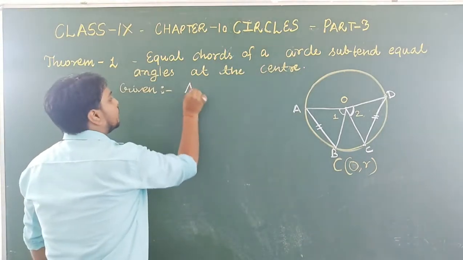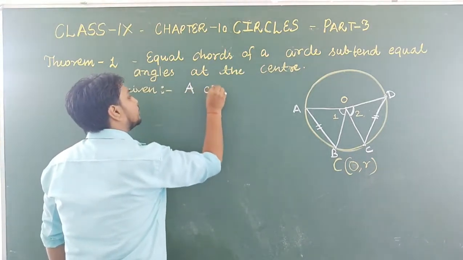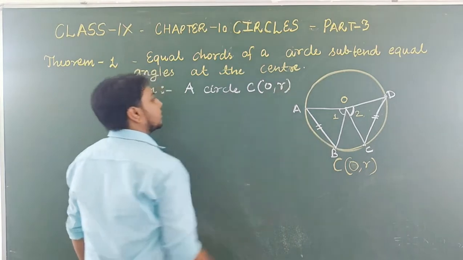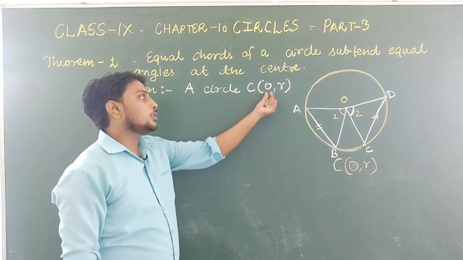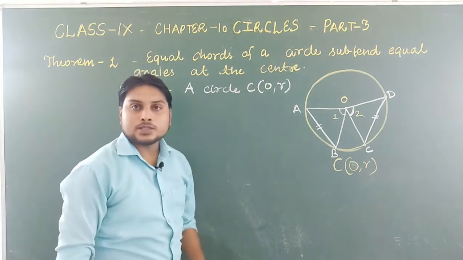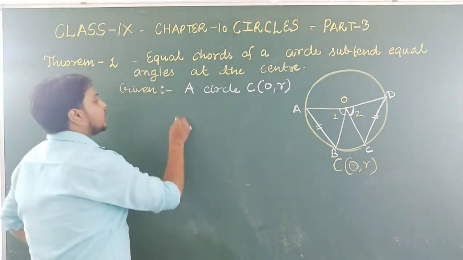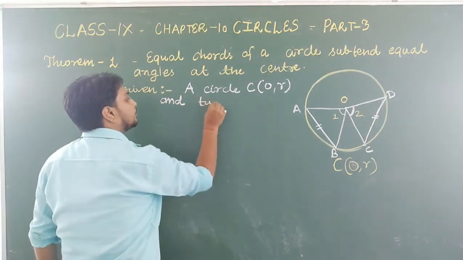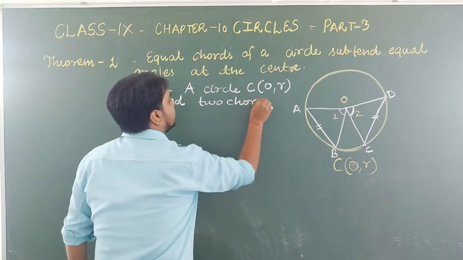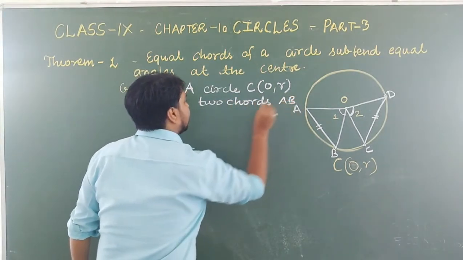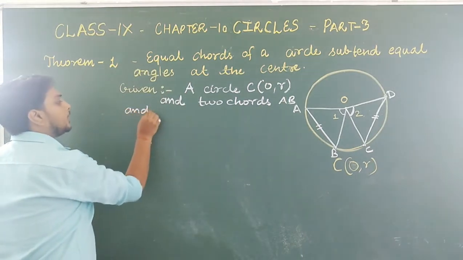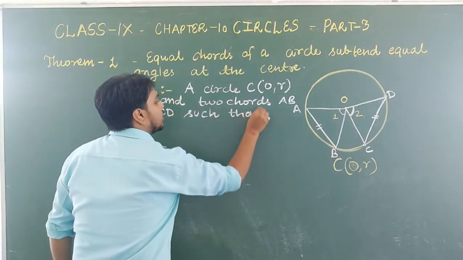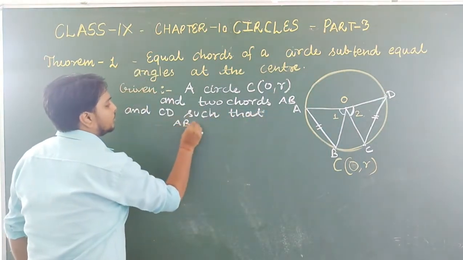It is given that a circle C(O, R), means the center of the circle is O and the radius of the circle is R. And two chords AB and CD such that AB is equal to CD.